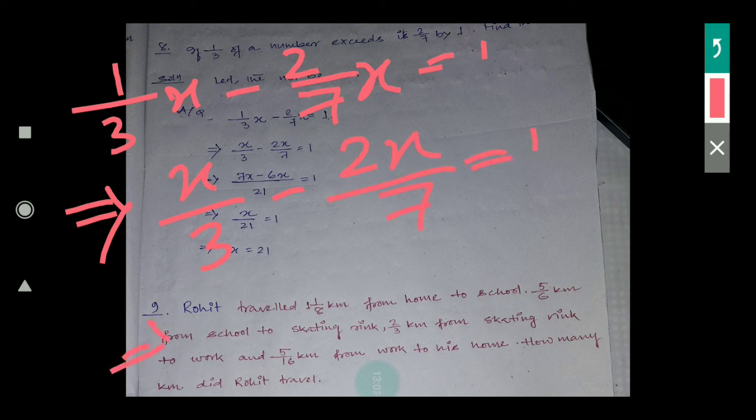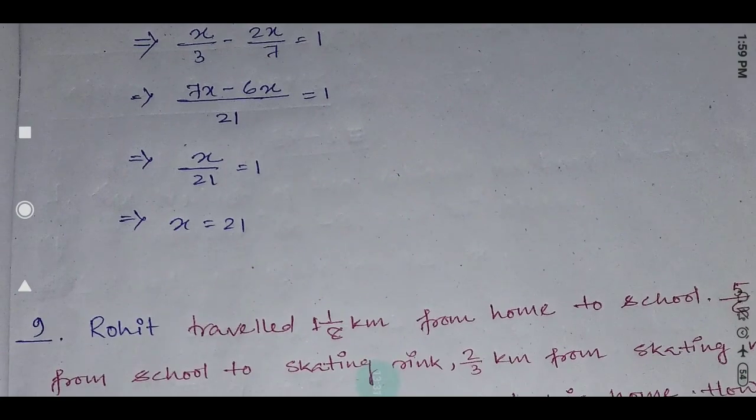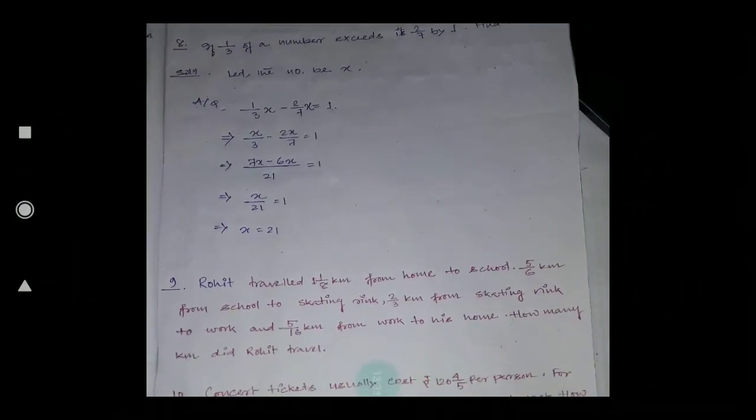Now take the LCM, 21. 3 sevens are 21, so 7x, and 7 threes are 21, 3 into 2 is 6, so 6x, is equal to 1. 7x minus 6x is x, so x/21 is equal to 1. By cross multiplication, x equals 21. This is your answer.